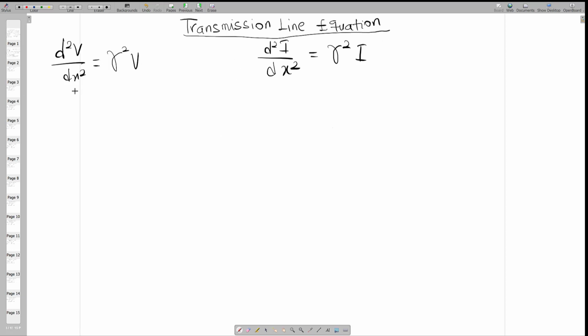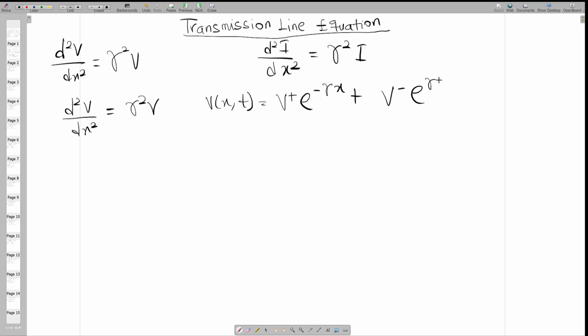Right, so if I have d squared V over dx squared equal to gamma squared V, we know that this is a second order differential equation, and if you want V in terms of position and time, we will have V plus e to the minus gamma x plus V minus e to the gamma x, right?